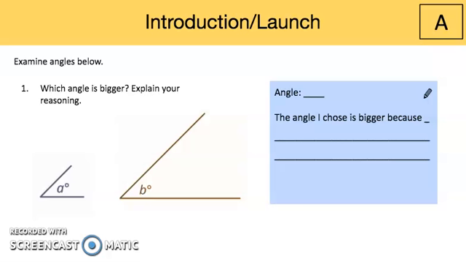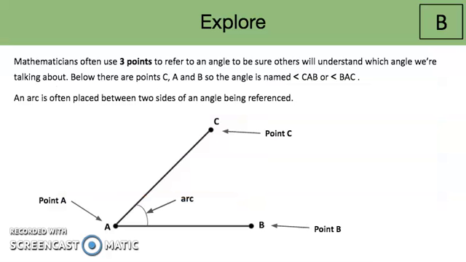So as part of the differentiation, students can easily say which angle they chose, and a sentence starter, the angle I chose is bigger because, and we want them to focus on that content. The exploration is mostly providing students information about what makes up an angle and how to name an angle.